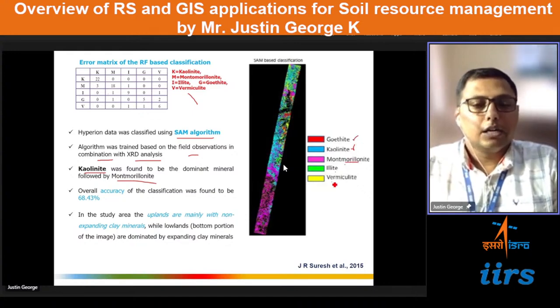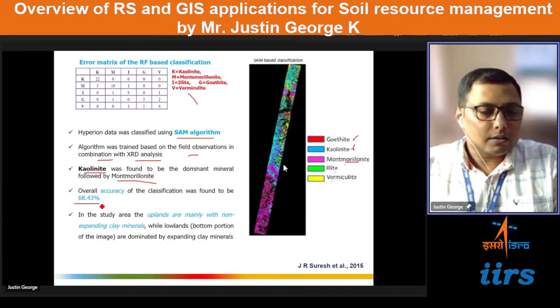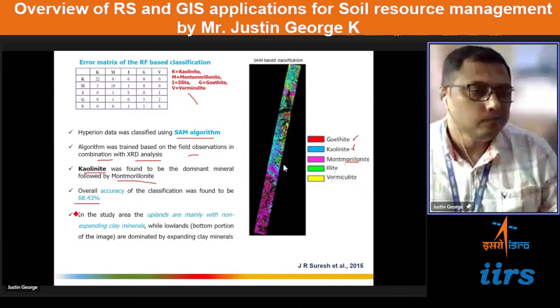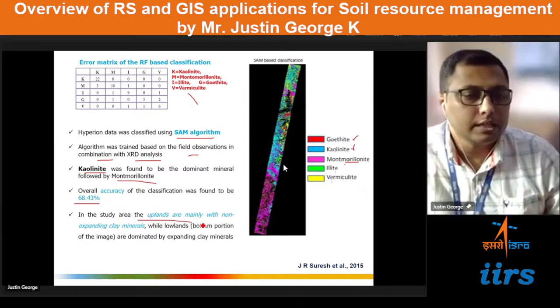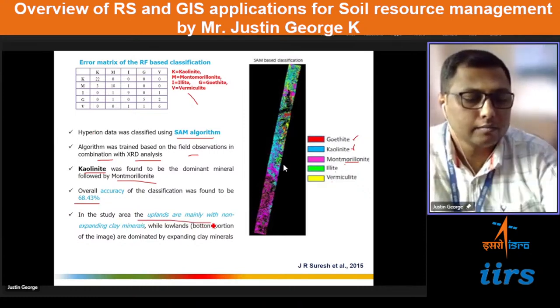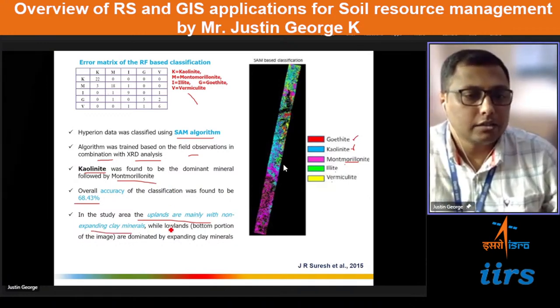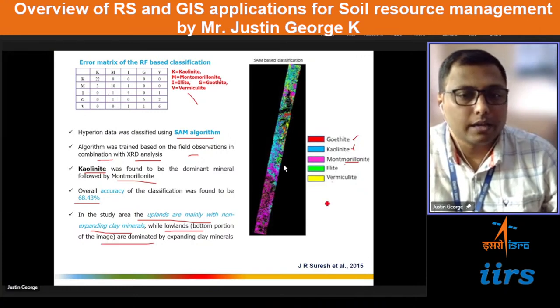These are the different types of soil clay minerals belonging to 1:1 as well as the 2:1 type of clay minerals. The overall accuracy of the classification was found to be around 68%. In the study area, the uplands are mainly with non-expanding clay minerals, while the lowlands, or the bottom portion of the image, are mainly dominated by expanding clay minerals.